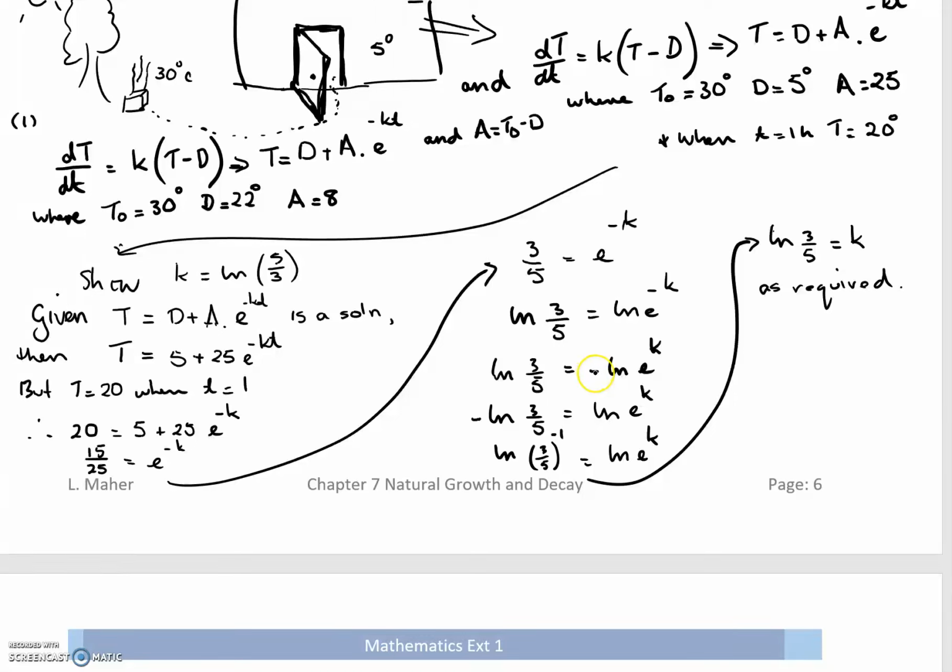So I just took the negative to the front, multiplied both sides by negative, which brought the negative over here. I could then put the negative in its power, and 3 on 5 to the negative 1 is, hang on, 5 on 3. Hang on, my mistake there.